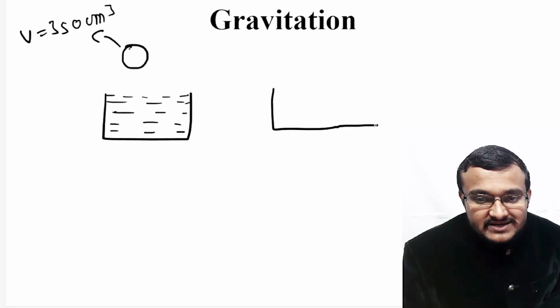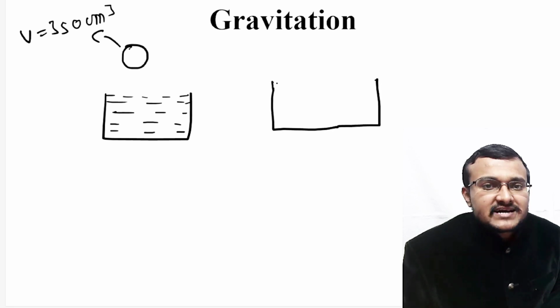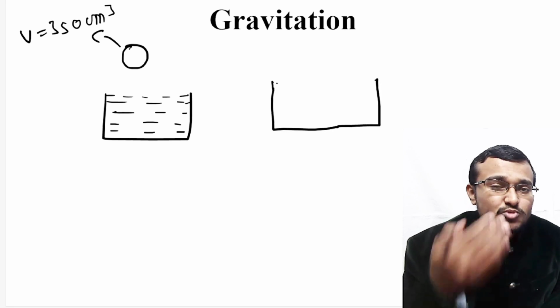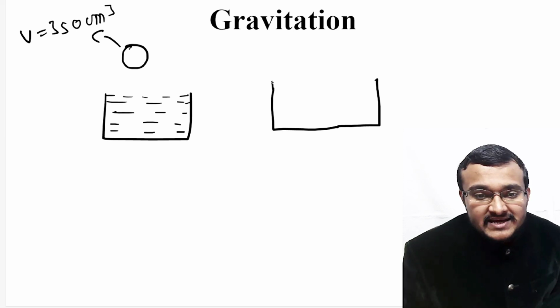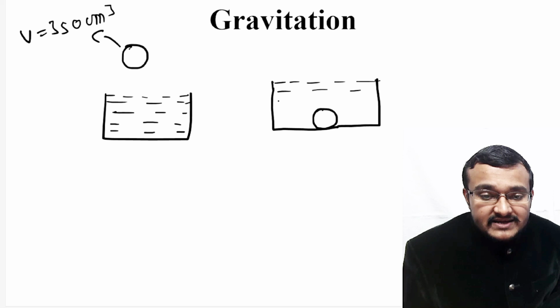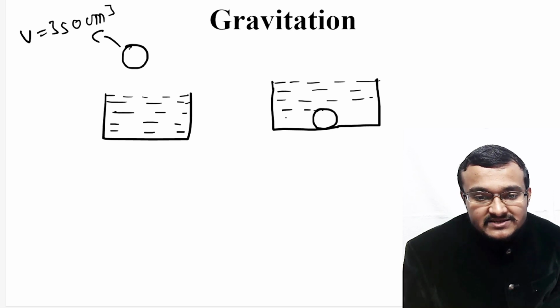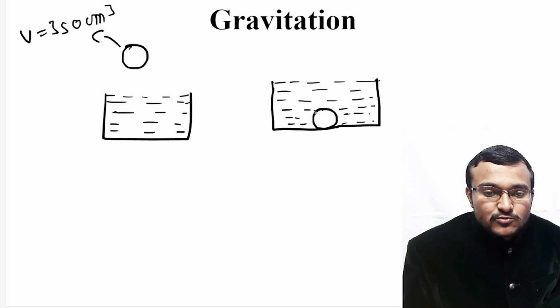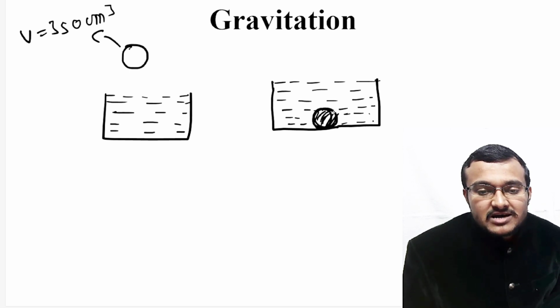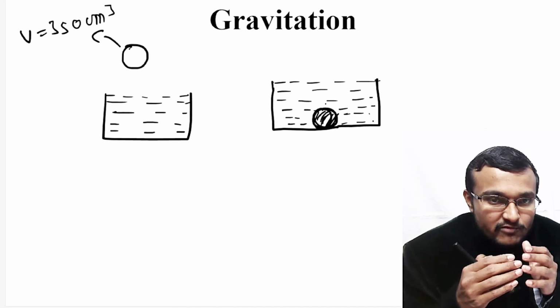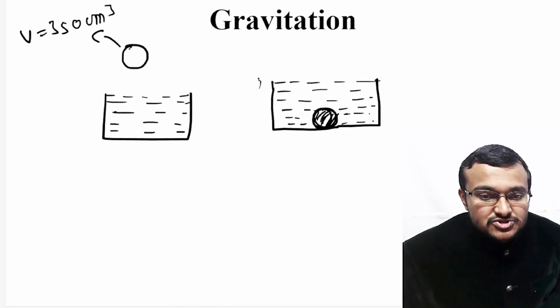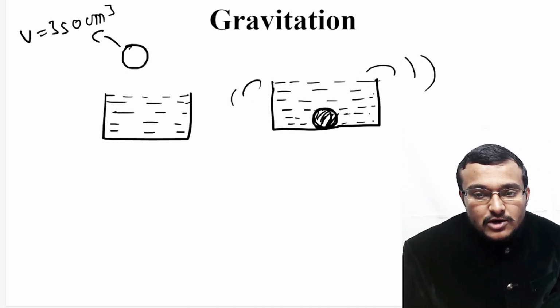Here we have proved that this object has more density than the density of water. Hence this object will completely immerse inside the container and it will be drowned inside this water like this, and it will occupy a certain volume inside water. So this much volume of water will be flown outside.